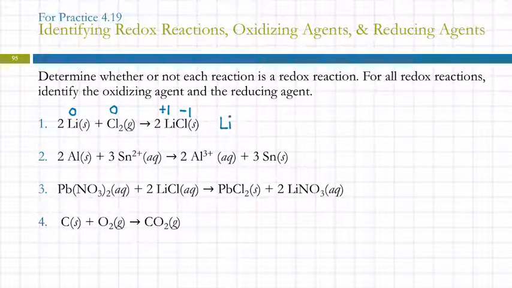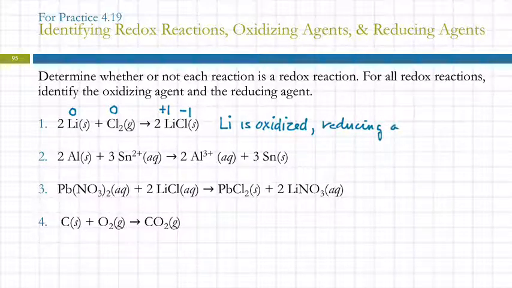So lithium is oxidized. So is that an oxidizing agent or a reducing agent? It's a reducing agent. The lithium is causing the chlorine to be reduced. The lithium is oxidized. It's the reducing agent.